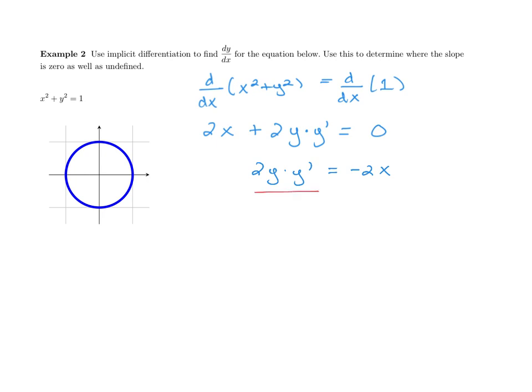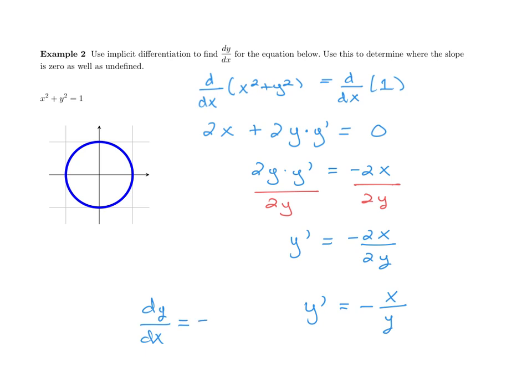I can then divide both sides by 2y, which will get y prime by itself. And we have that y prime is equal to negative 2x over 2y. Or simply, y prime is equal to negative x over y. It would also be completely acceptable to say dy dx is equal to negative x over y. Those are, in fact, the same thing.